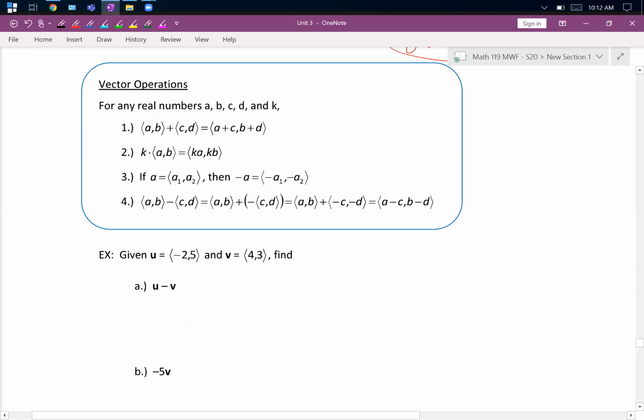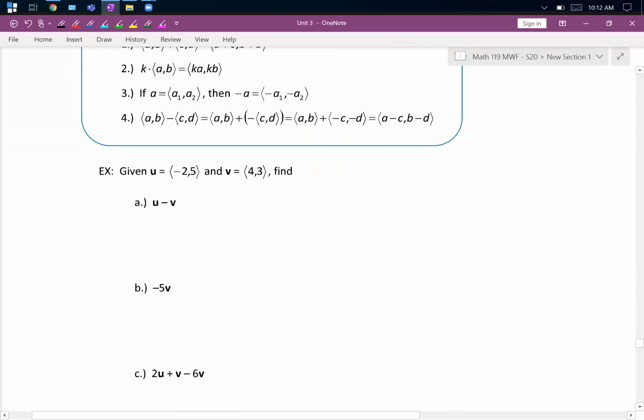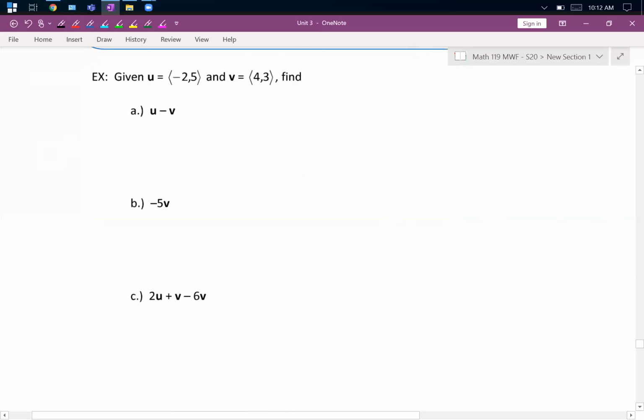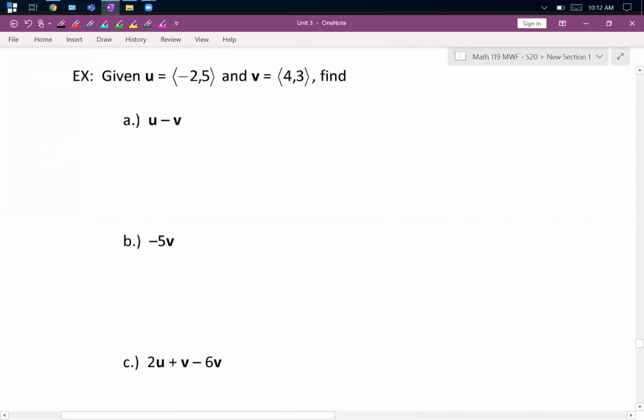To get the opposite vector, all you do is distribute a -1 in, change the signs of your 2 components, and subtraction, well, that's just an application of addition, adding the opposite, but basically we're just going to subtract the horizontal components and then subtract the vertical components for our difference vector. So let's try some operations.